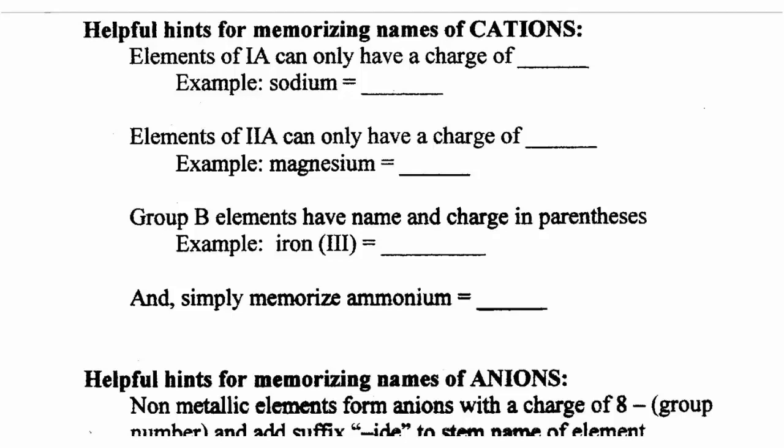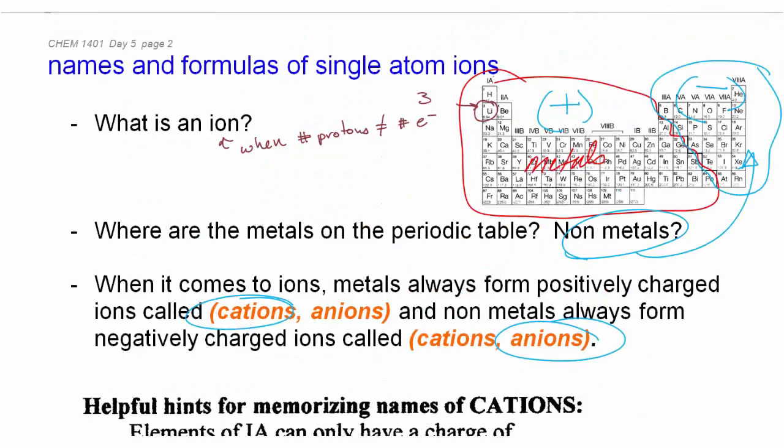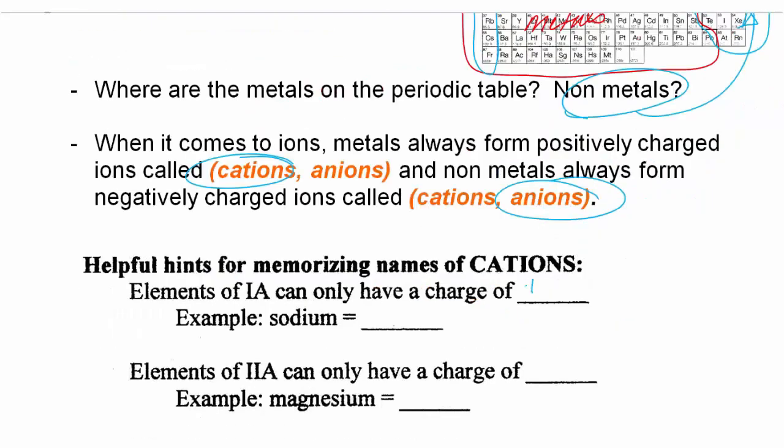Okay, here are some helpful hints in naming these positively charged ions called cations. Elements of group 1A can only have a charge of, well, just look at the periodic table, 1A. So all these elements can only have a charge of +1 because they're in group 1A. For example, sodium, what ion would it form? Na+. A lot of times they don't write the 1, they just write a plus. 2A, well, same idea, +2.